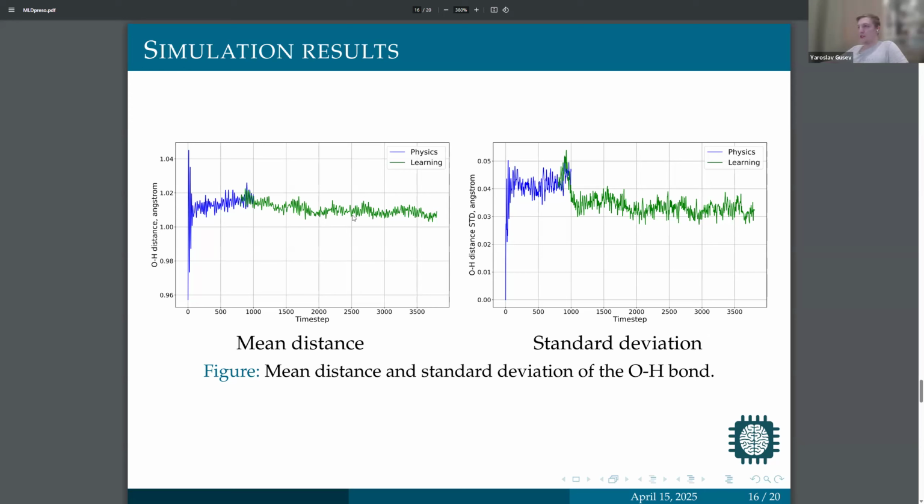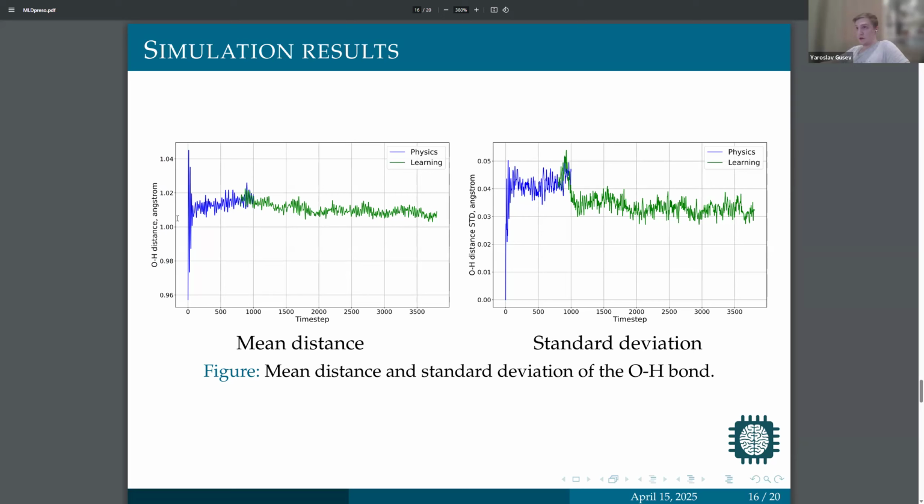So one may consider different statistical quantities of the simulation, like this one, where we consider the values of the distance of hydrogens to respective oxygens within the molecule, and we can see that the average distance corresponds great with the CP2K simulation, and the standard deviation is also similarly looking.